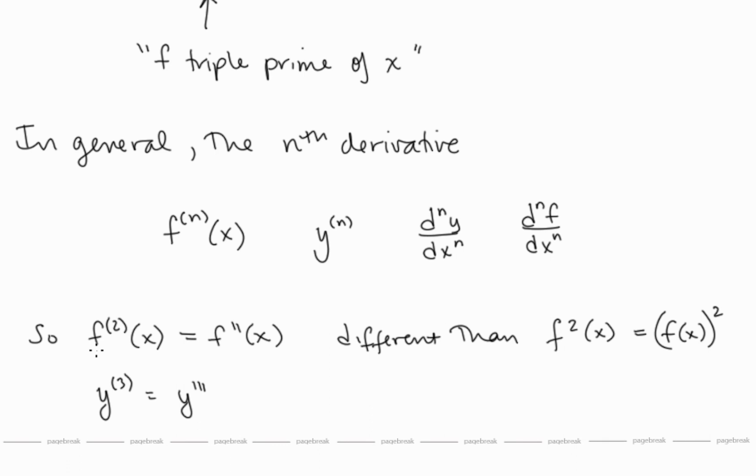So f with the superscript of parentheses 2 of x denotes f double prime of x. That's the second derivative. But that's different than just writing f squared of x, because that means f of x quantity squared. So when you're writing down your higher order derivatives, you really want to be sure to use the parentheses if you're not using the prime notation, to denote that it is, in fact, a derivative and not a power of the function.